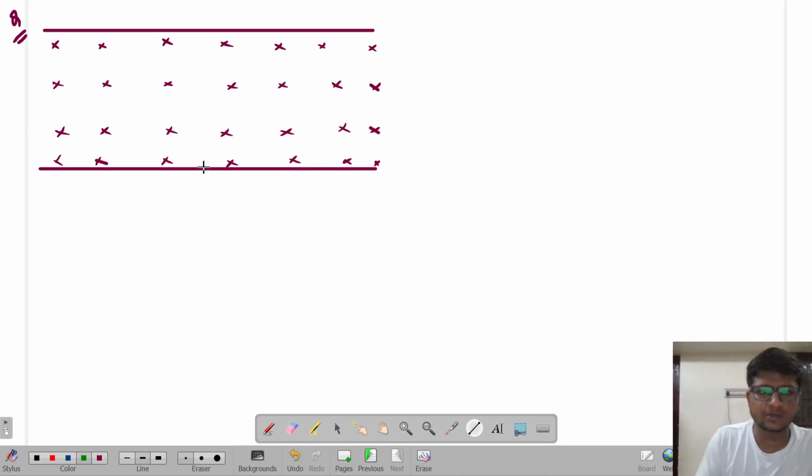We are injecting the particles over here, got it or not? Now, when the particles are injected with some velocity, it can be anything. Then these particles select four different kinds of trajectory.